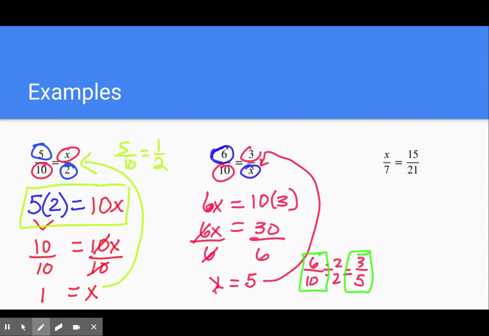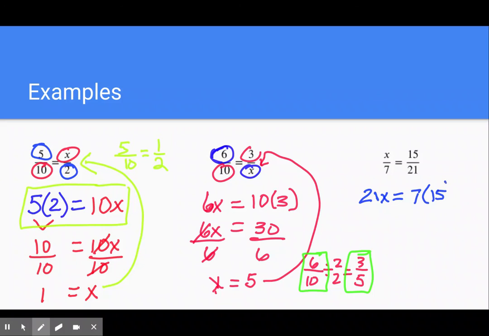Okay, I'm going to show you this last one here, and then we're going to get into the easy way to do this. So instead of putting the x in front of the 21, I'm just going to do 21x equals 7 times 15.